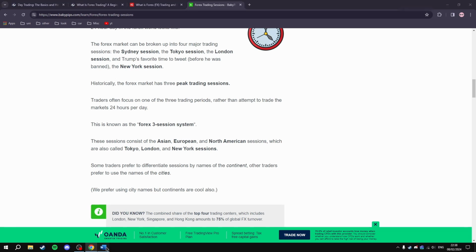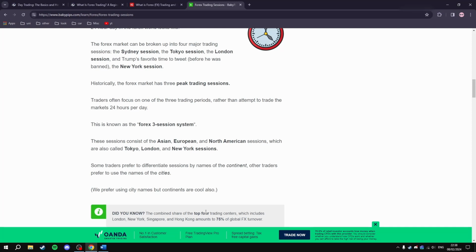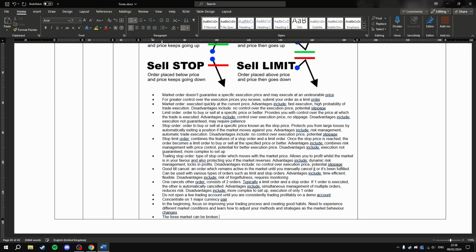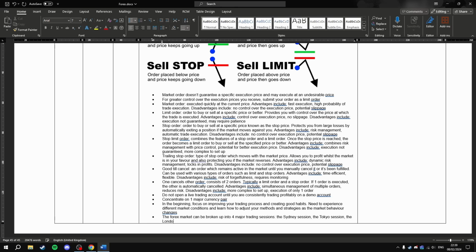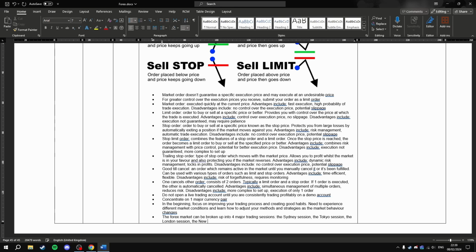Right, okay, so the Forex market can be broken up into 4 major trading sessions: the Sydney session, the Tokyo session, the London session, the New York session.